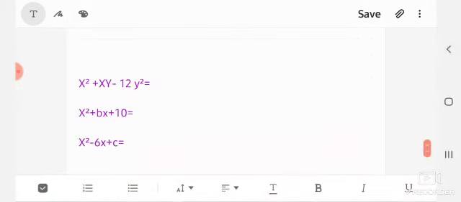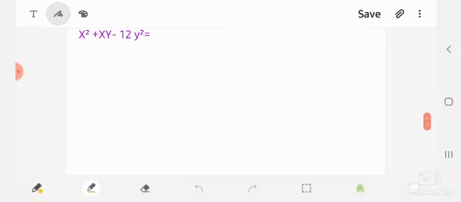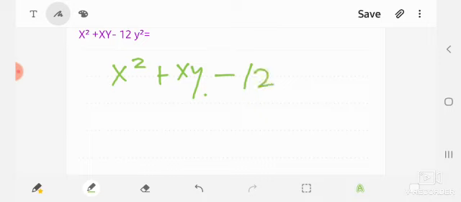Let's move to this example. We have x squared plus xy minus 12y squared. When we look at the third term, we have y squared.